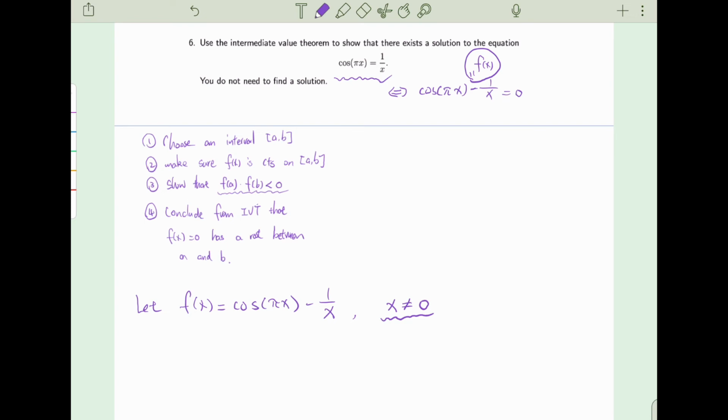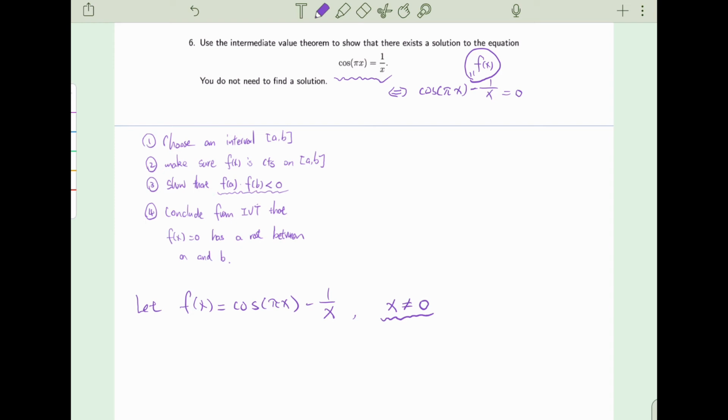Because we know 0 is not in our domain, your interval should not include 0. If your interval includes 0, since f of x is not defined on that point, f of x is not gonna be continuous on that interval. That is the second step we have to make sure.